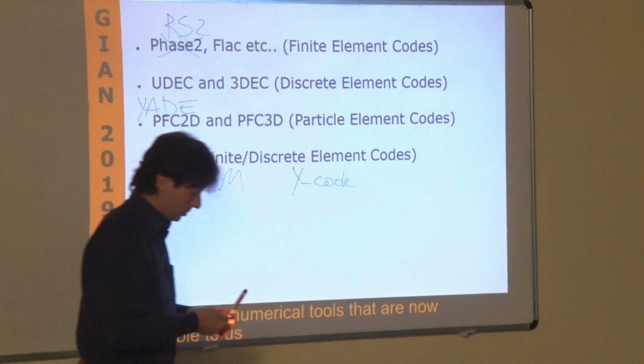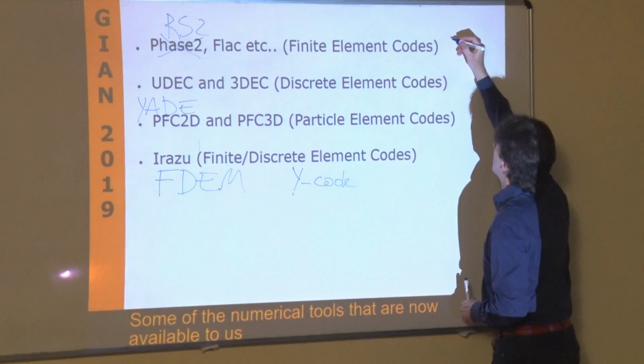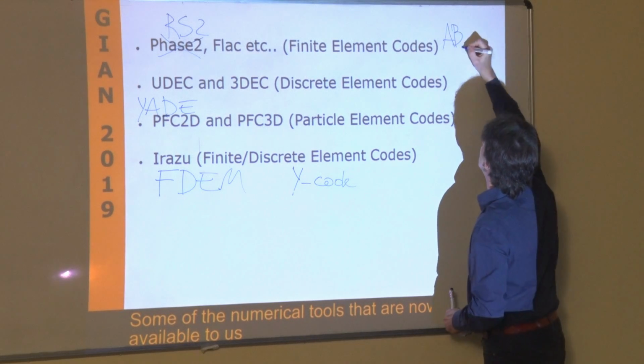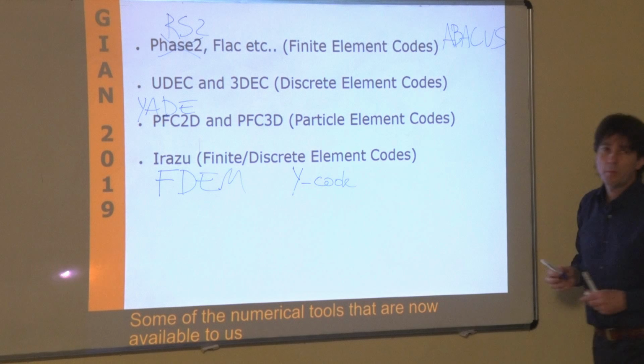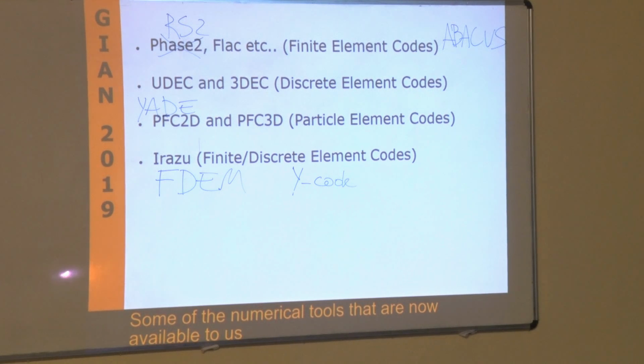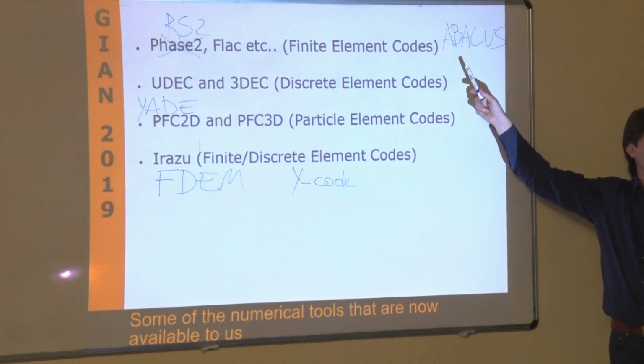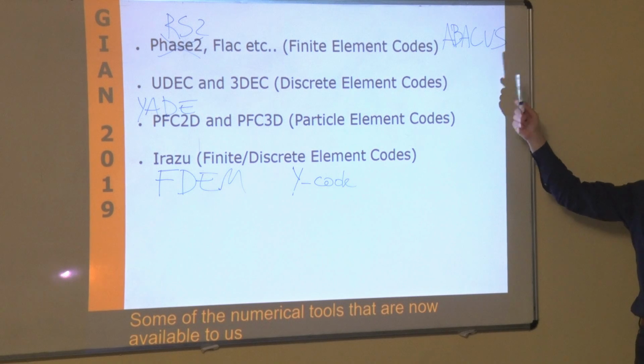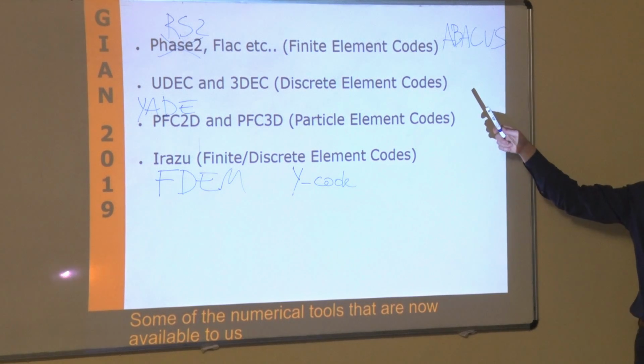For finite element, actually, one I forgot that is heavily used, especially for the mining industry, is Abaqus. But Abaqus has a quite large community behind it, and its solver is extremely fast and allows the modeling of a full mine at quite a remarkably small scale.